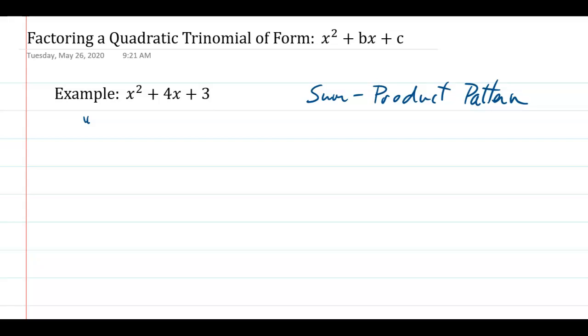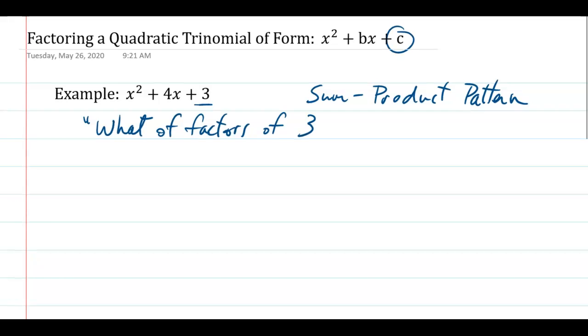I say, what factors of 3, and that's of course the number c on the end in the form, add up to the number in the middle, 4, the b value.